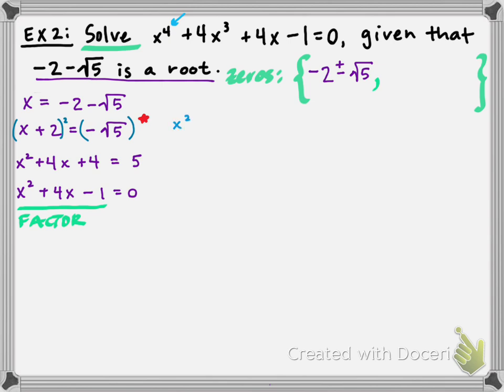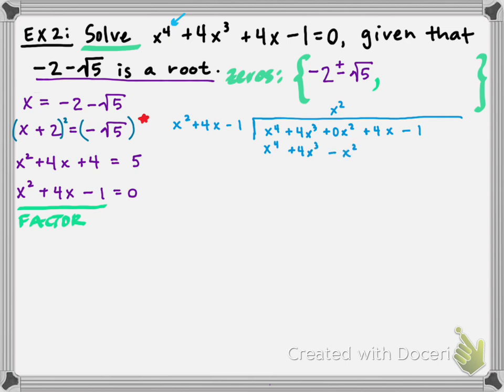So we have x squared plus 4x minus 1, and we're dividing x to the 4th plus 4x cubed plus 0x squared plus 4x minus 1. From here, ask yourself, what times x squared is x to the 4th? Well, that's x squared. So multiply x squared to each term, so you get x to the 4th plus 4x cubed minus x squared.